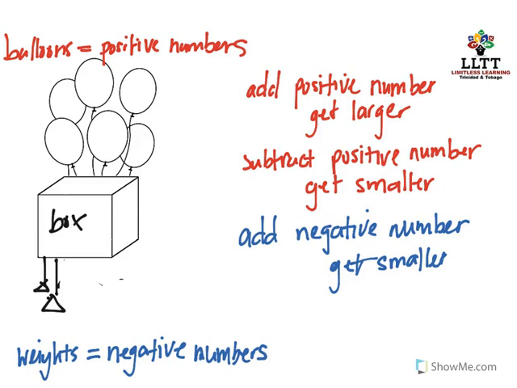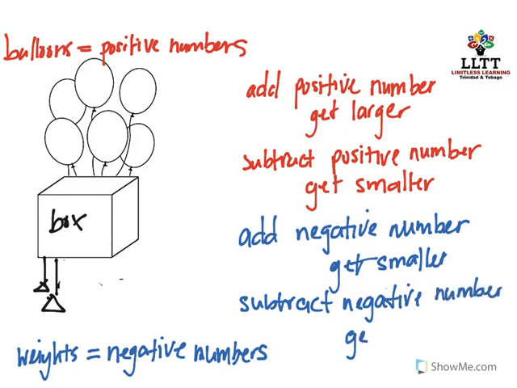So therefore, when I subtract weights, which is the same thing as taking away negative numbers, it's the same thing as subtracting a negative number. So when I subtract a negative number, I am going to get larger.